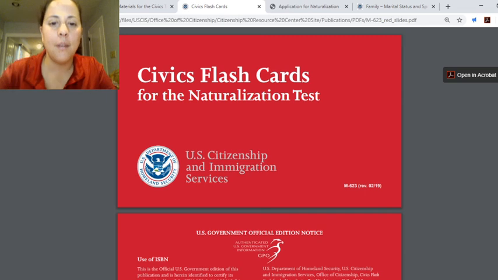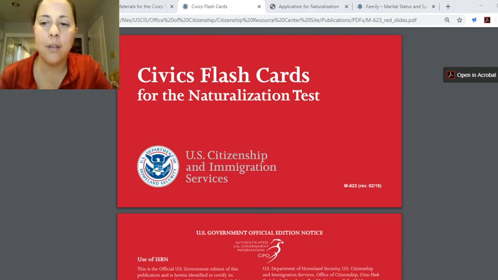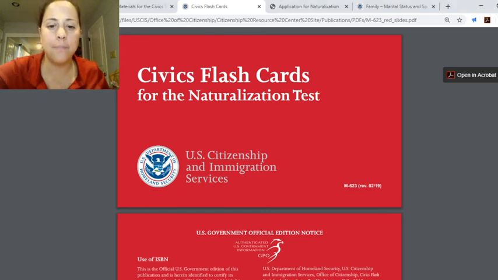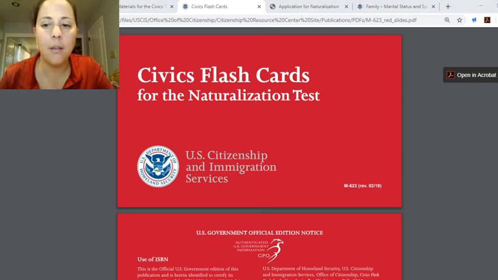Let's look at the civics flashcards for the naturalization test. Civics flashcards for the naturalization test, okay? Look, U.S. Citizenship and Immigration Services.